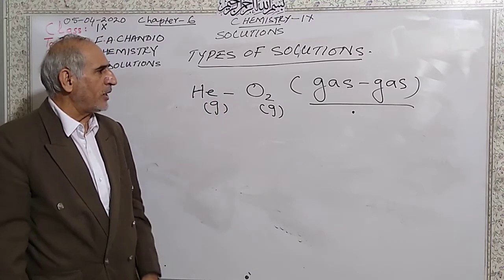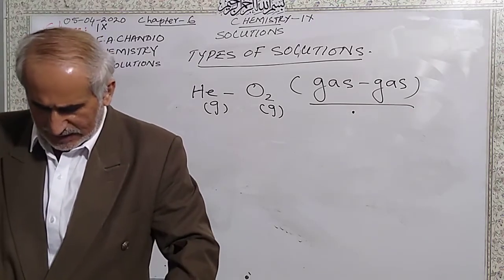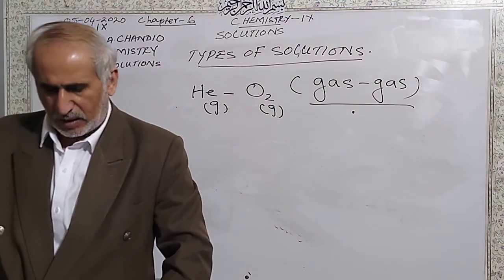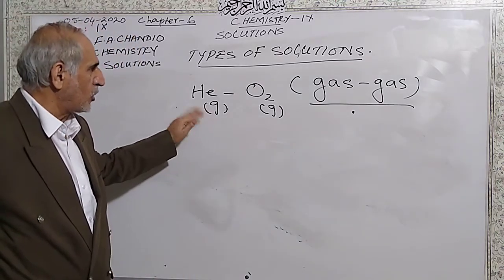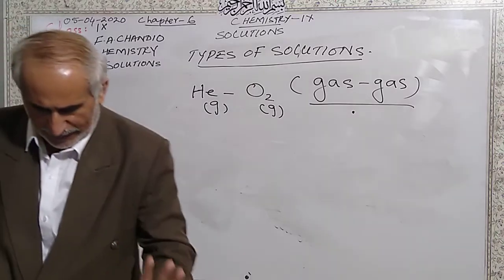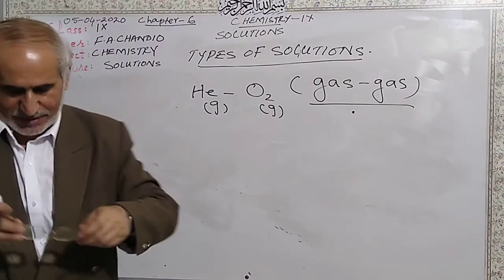Solute and solvent are gaseous. The question is technical, deep sea divers, breathing mixture. I'm not going to detail this because this is not a concern for you. Only this is okay. This is the A I told you. Gas in gas, and the solution is of the gas type.